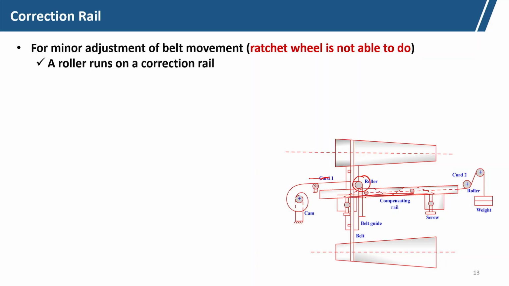The roller runs on a correction rail, and depending on the angle, the actual release is there.